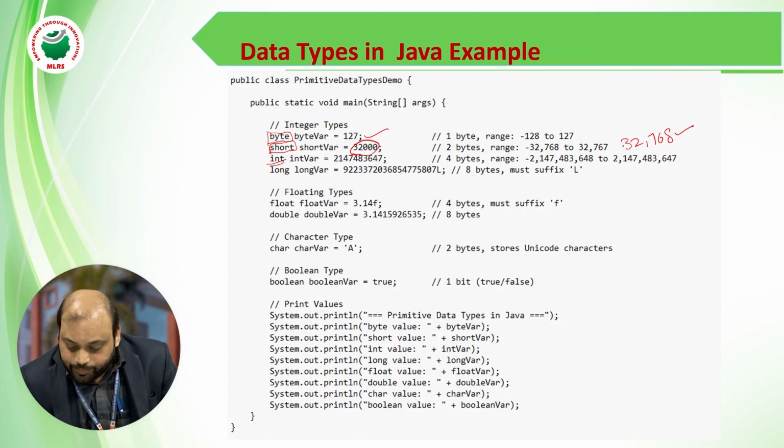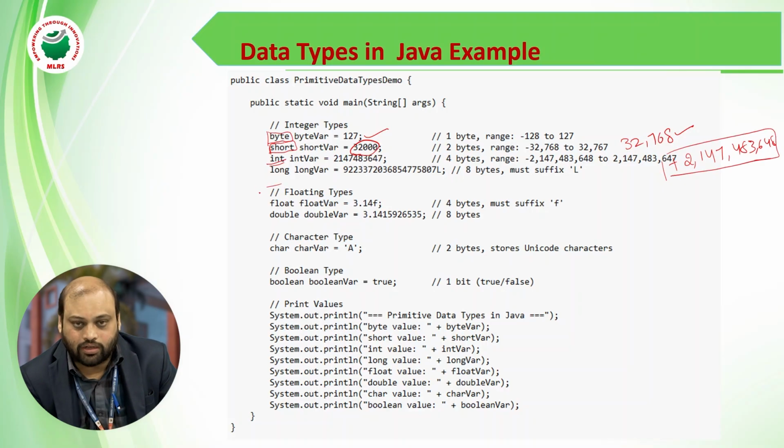If you want to store a value beyond the integer range, then you go for the next level, long. Always it is signed. So the data storage is also separate.